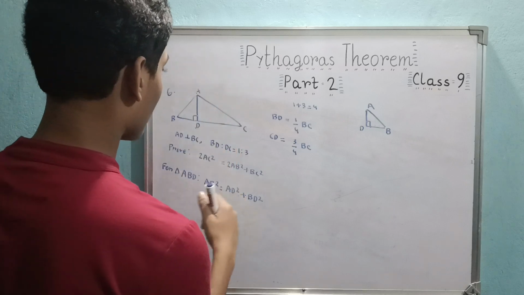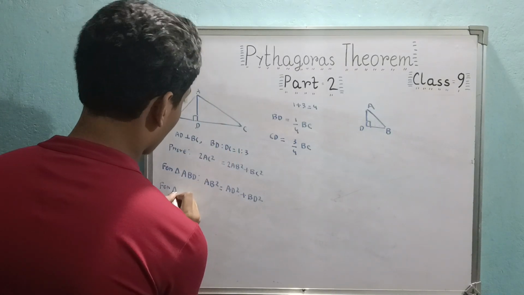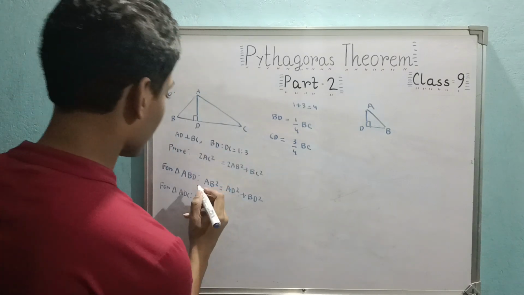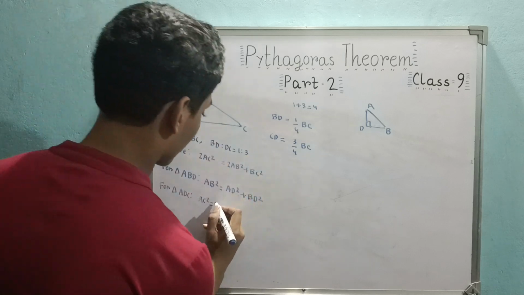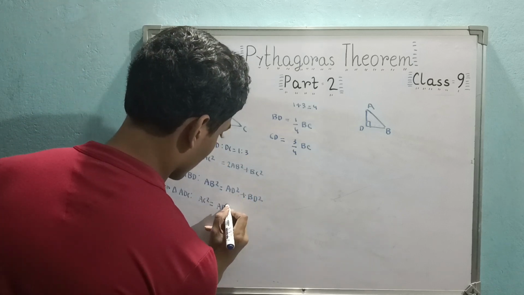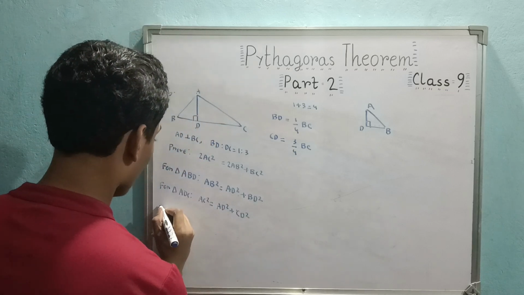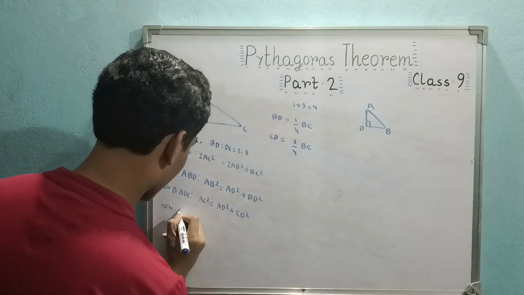And another one is there for triangle ADC. AC square, the hypotenuse, equal to AD square plus CD square. Okay. Now, what if I do AB square minus AC square?